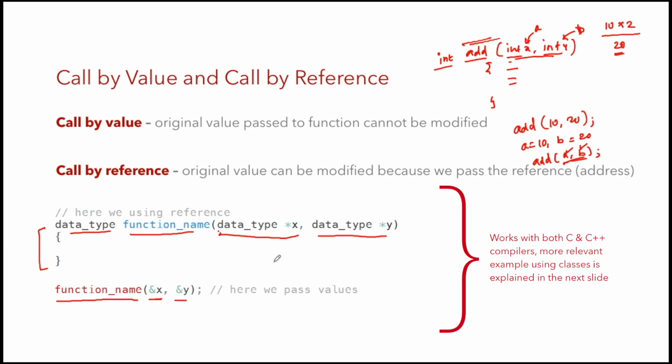In a way, the value of x will be referred over here and the value of y will be referred over here, so this is nothing but similar to writing *x is equal to address of x, and similarly *y is equal to address of y.